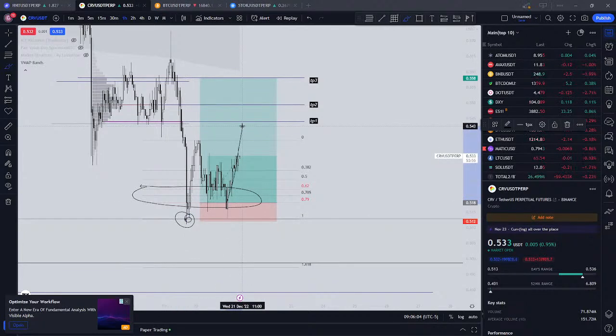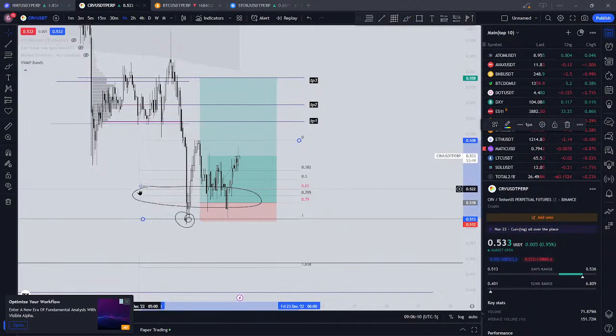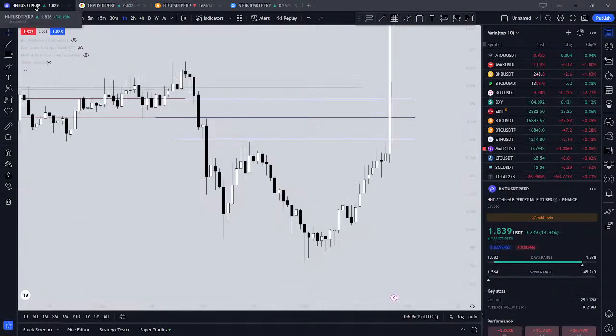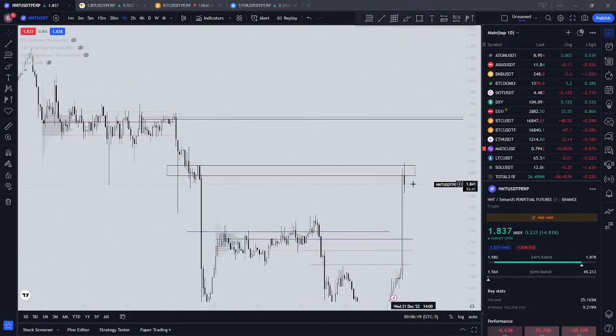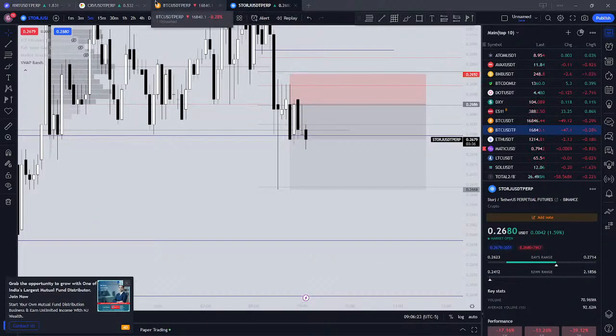Once it's above this, I will set stops to break even, and these are my targets. Let's see how it ends up playing out. What's HNT doing? Looks like it's giving some sort of reaction to this order block, but it's way too volatile to risk anything right now.